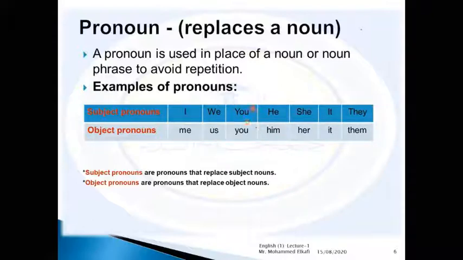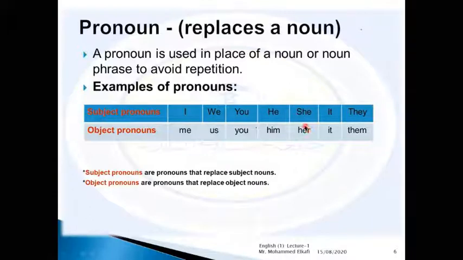You, the same spelling, but with a capital letter at the beginning. As an object pronoun, we use this form after the verb. He before a verb as subject, him after the verb as object pronoun. Instead of saying I met Ahmed, you can say I met him. Here, she is a subject pronoun and her is an object pronoun.